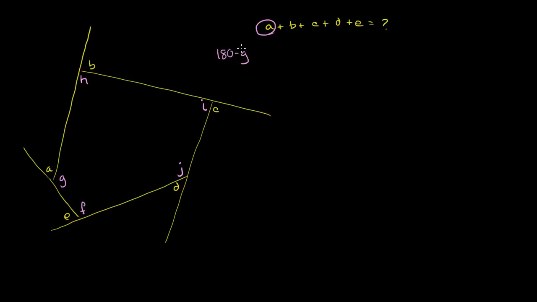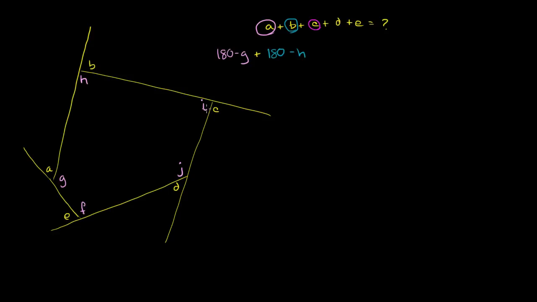And then we have plus B. But B we can write in terms of this interior angle. It's going to be 180 minus H, because these two angles are, once again, supplementary. Let me do that in a new color. So this is going to be 180 minus H. And we could do the same thing for each of them.